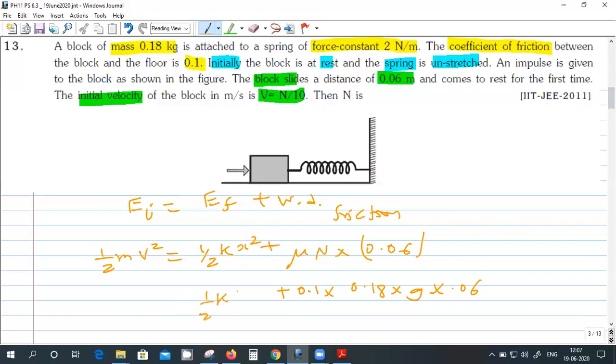So I got v is equal to 1.2 by 3. So n is 12 then. 1.2 by 3, that is 0.4, right? Yeah. So n is then 4. n is equal to 4.